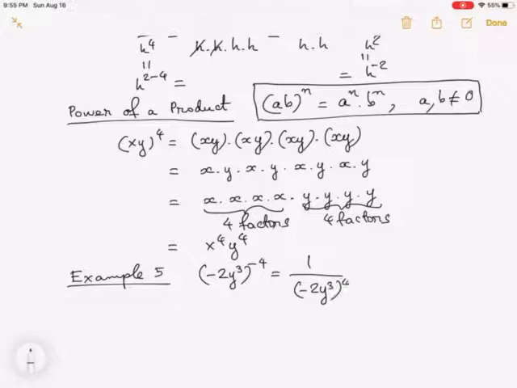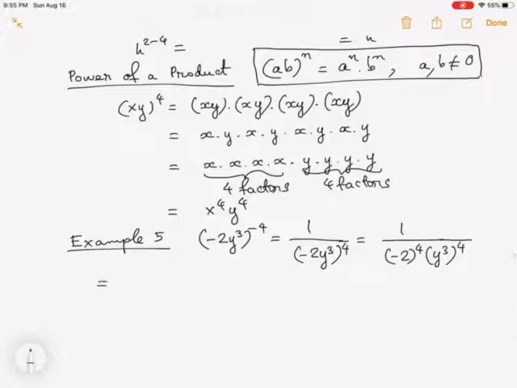That is 1 over minus 2y cubed to the power 4. And after that, with the power of a product rule, it is 1 over negative 2 to the power 4 times y cubed to the power 4. So negative 2 to the power 4 is 16. And y to the power 3 times 4. So that is 1 over 16y to the power 12.